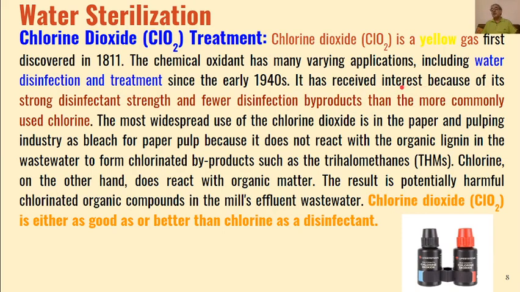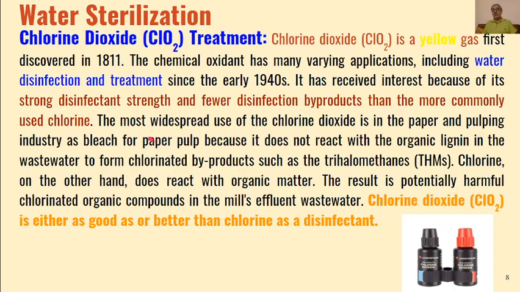The interest in using this is because it is a very strong oxidizing agent, and its disinfectant strength is very high. The byproducts formed by using this are very few. Chlorine disinfection gives more byproducts, whereas chlorine dioxide gives fewer disinfection byproducts in comparison to chlorine.